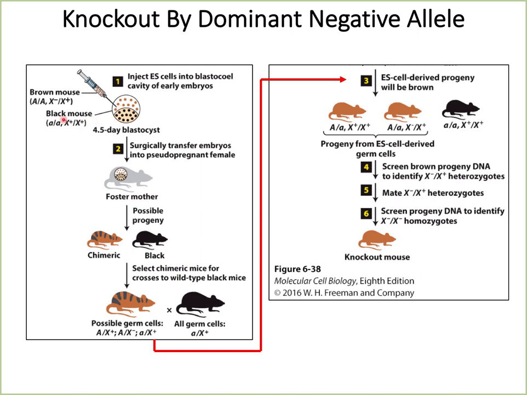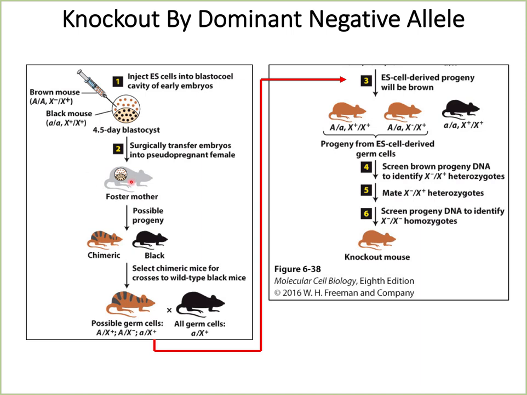So remember that the black mouse allele is a small a, X, capital X plus, and then you have capital A, capital X minus, and X plus. So this brown mouse is actually coming from the injection into the blastocyst, and this is actually the blastocyst of a black mouse.